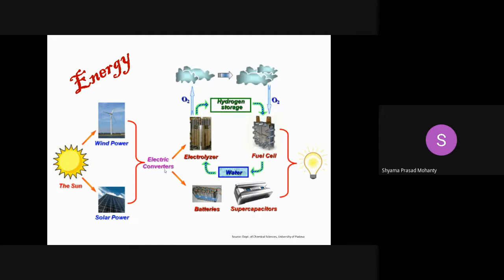So we have to store it in devices, using batteries or supercapacitors, or you can use electrolyzers to store it in the form of hydrogen, which is generated and then later used in a fuel cell to produce energy.